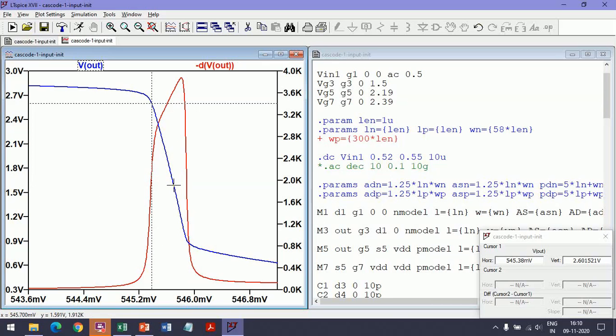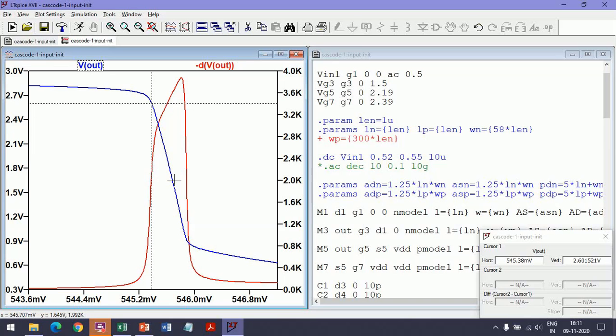The answer is, as I observed earlier, the lambdas of the NMOS and the PMOS are functions of the drain source voltage. Now around 1.5, the drain source voltage of the two PMOS stack is 1.5. The drain source voltage of the NMOS stack is 1.5, and so the drain source voltage across each transistor is about the largest possible.